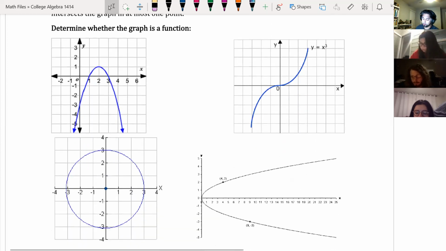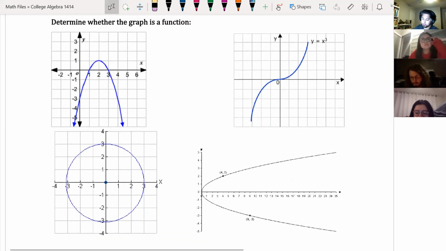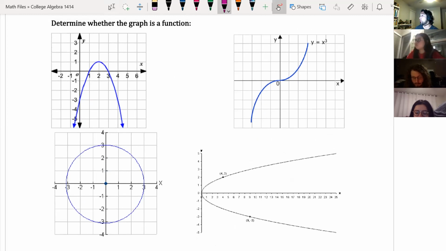So this is pretty fun because all we have to do is decide whether these are functions by drawing a vertical line through it. For the very first graph, if I draw a vertical line through it, I only intersect it once, which means you have a function. The graph to the right, once again, if I draw a vertical line anywhere through it, I will always only intersect it once.